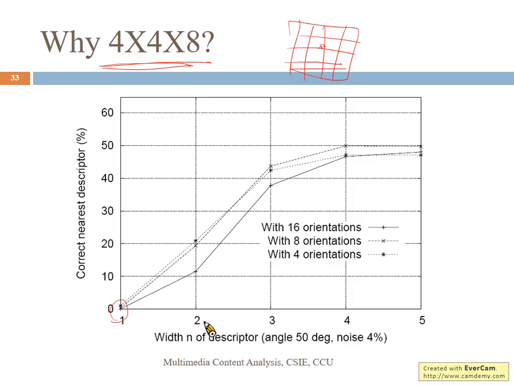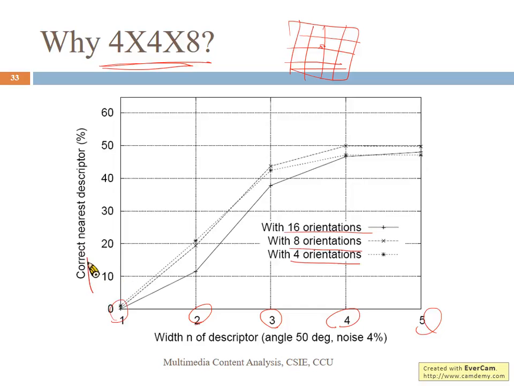That would be 1 by 1, 2 by 2, 3 by 3, 4 by 4, or 5 by 5. And for each small patch, we may construct a 4-dimensional, 8-dimensional or 16-dimensional orientation histogram, and this is the performance evaluation.